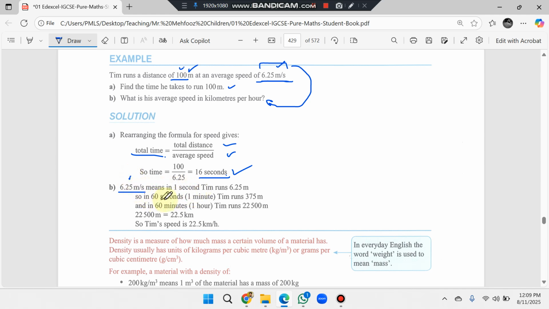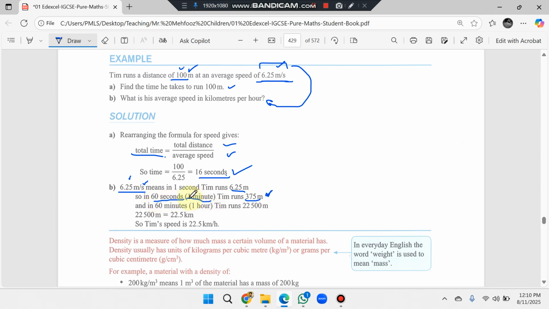Okay. So in 60 seconds, if we multiply the whole equation by 60, he covers 6.25 multiplied by 60, and that becomes 375 meters. And you can see that 60 seconds is basically equal to 1 minute.